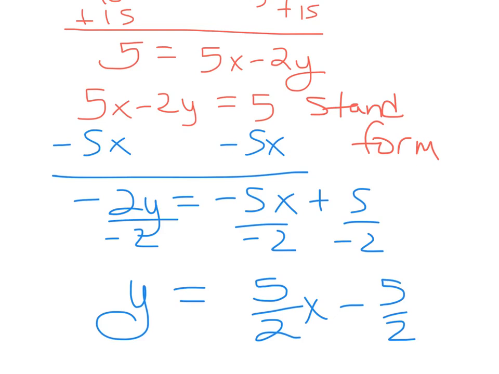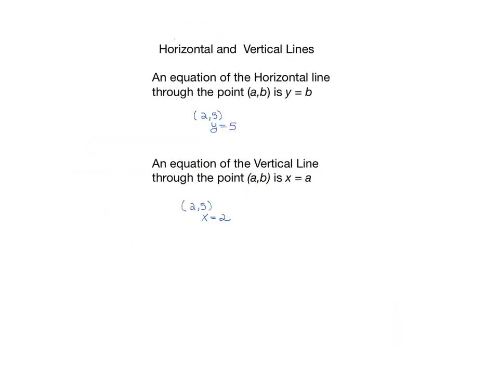The next thing we're going to talk about before we finish up is horizontal and vertical lines. We talked about this on Friday, and we're just going to quickly review. So remember, a horizontal line, if you have your graph, looks like the horizon.